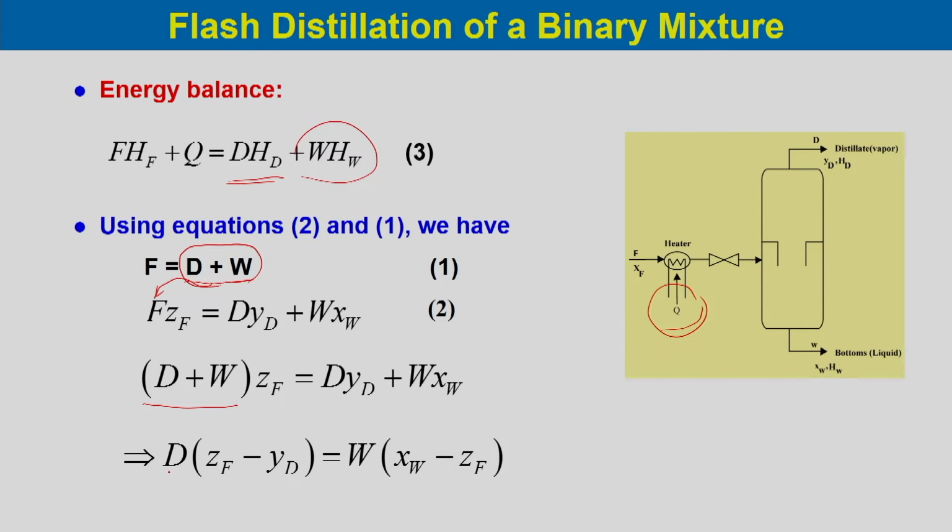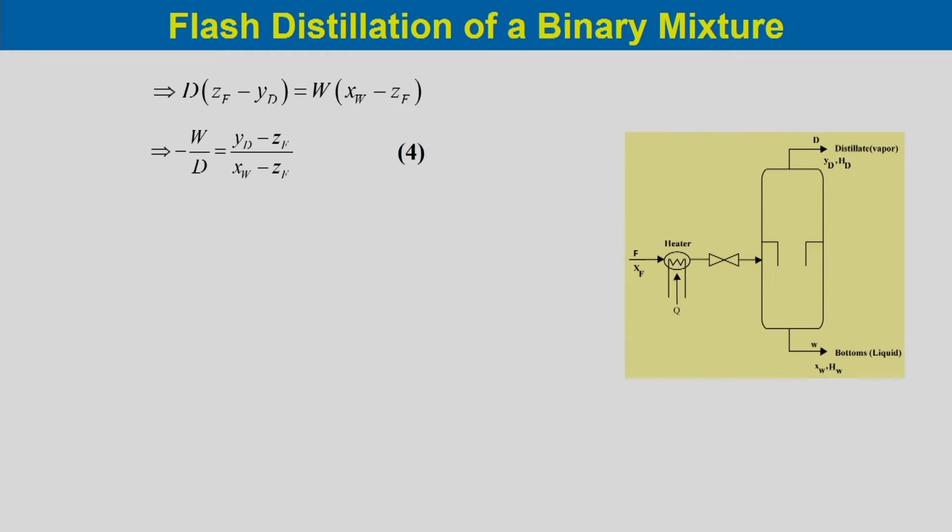From this we can write D into ZF minus YD equal to W into XW minus ZF. Just multiply ZF with these two terms and rearrange, and you will obtain this. Simplifying again, you get minus W by D equal to YD minus ZF divided by XW minus ZF.